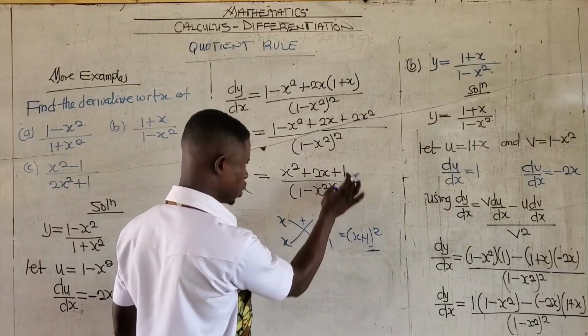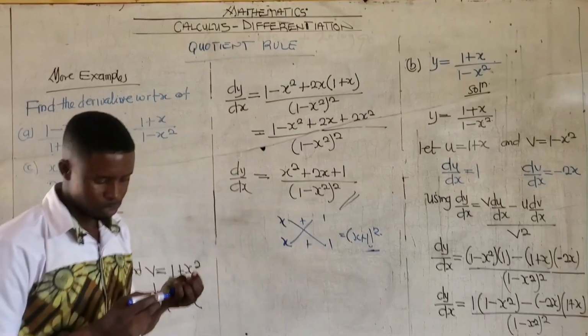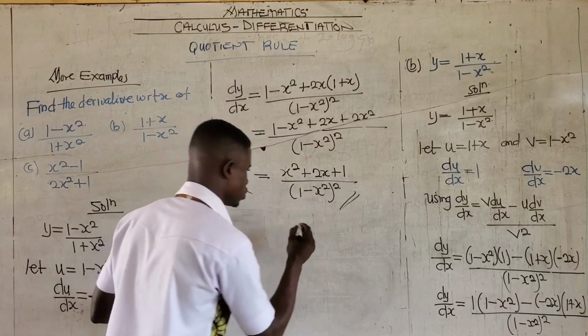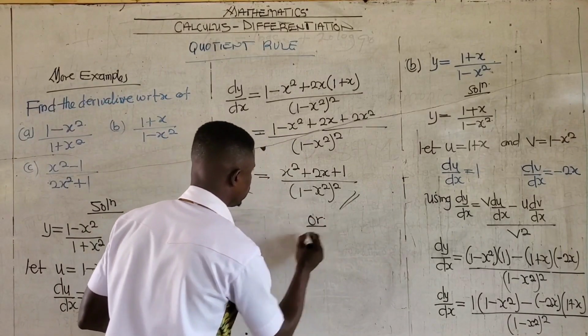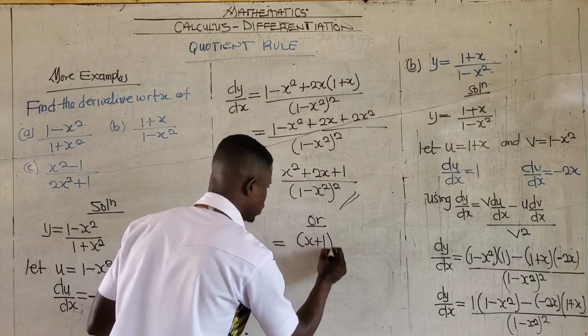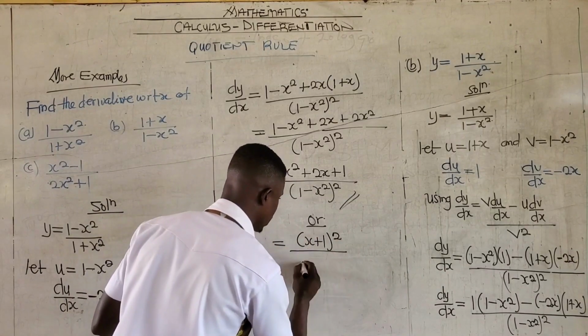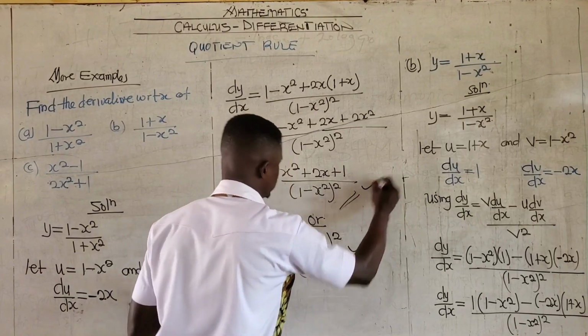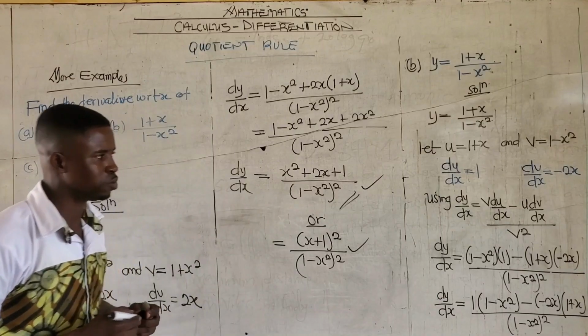So we can say that the top there is the same as x plus 1 all squared, all divided by 1 minus x squared all squared. This is correct. This is also correct. Very simple.